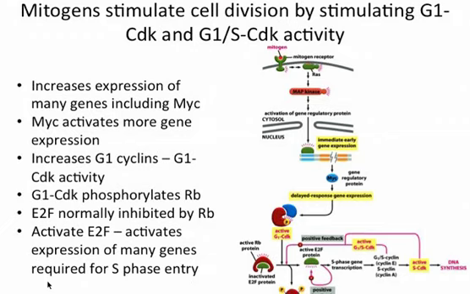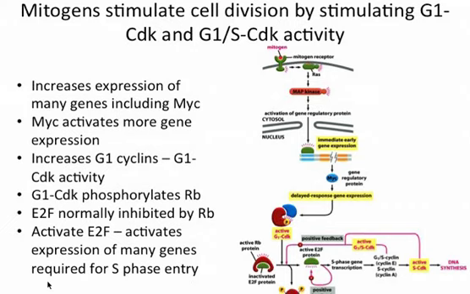So then you get activation of MYC, which is a transcription factor which activates gene expression. So you have more genes being turned on, which will result in increasing G1 cyclins. So you get G1 CDK activity. Okay, so now you have an active CDK, G1 CDK, and what do CDKs do?